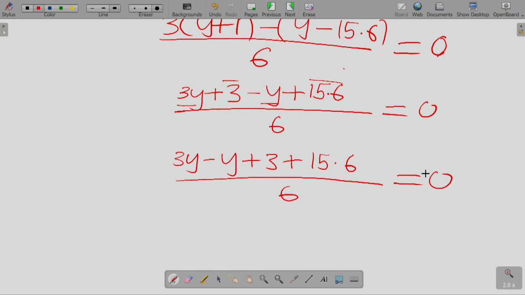If you subtract 3y by y, we'll get 2y. We'll get 2y plus 3 plus 15.6, so we'll get 18.6, whole divided by 6 equal to 0.